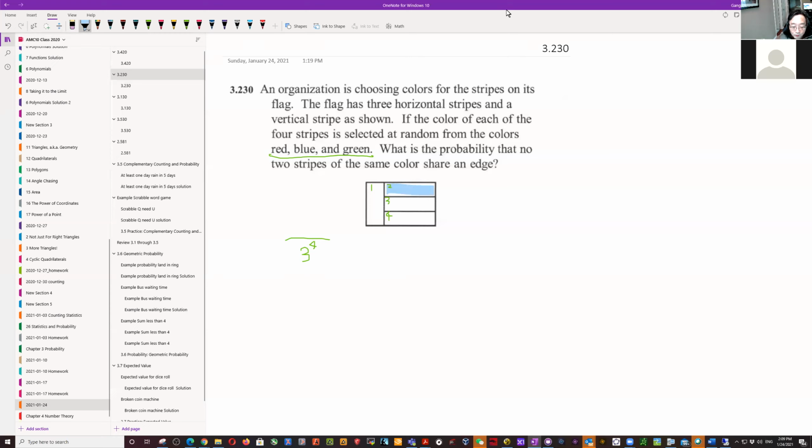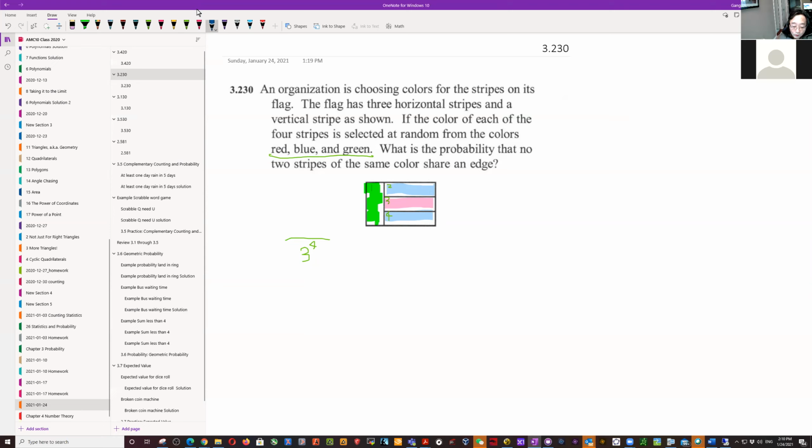This is blue, one is blue, one is red, and the other is green. If we color it, in order for it to not share any edge, this is the only way.